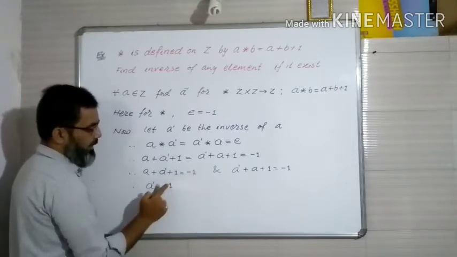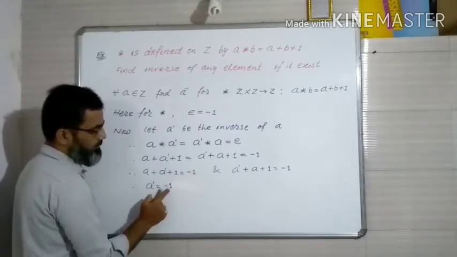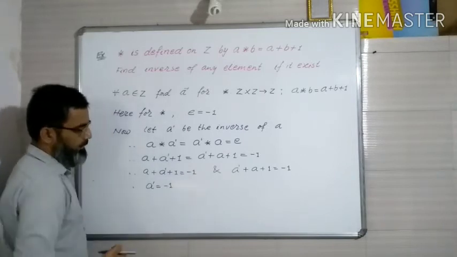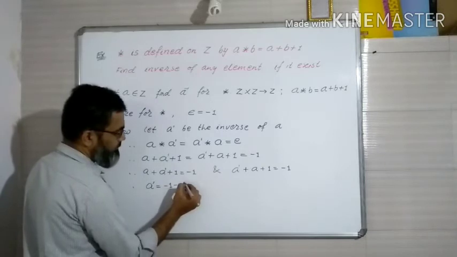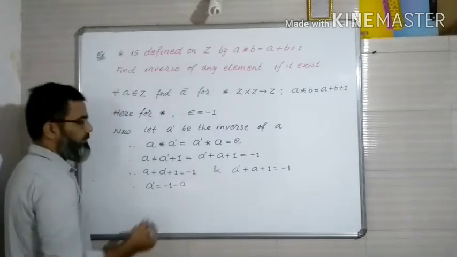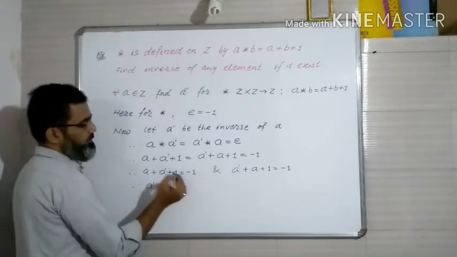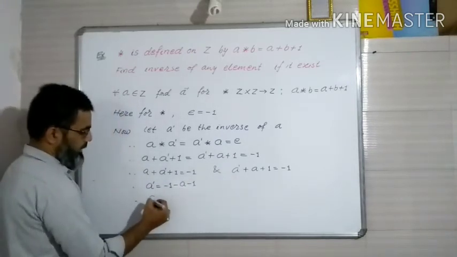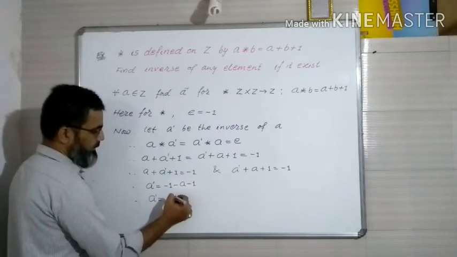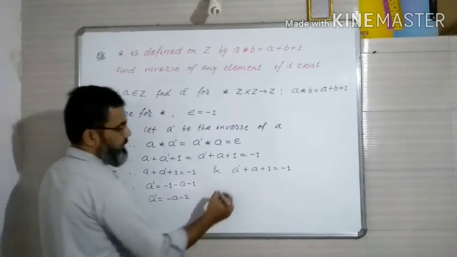Here I write this -1 which is already on the right side, and now shifting this A to the right side becomes -A, and shifting this +1 to the right side becomes -1. Therefore A dash is equal to -A -2.